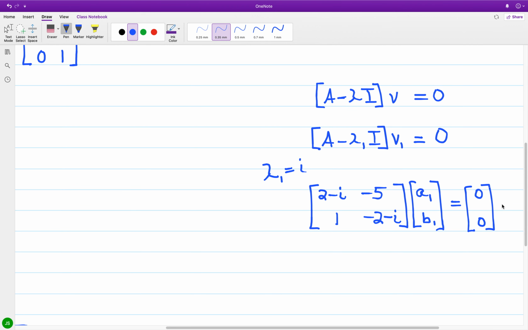Now, writing the relation between a of 1 and b of 1, we'll map together, so we'll have 2 minus i quantity times a of 1, minus 5 times b of 1 is equal to 0.